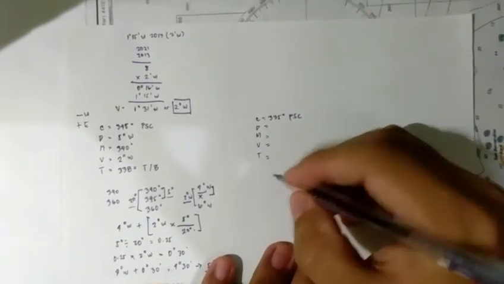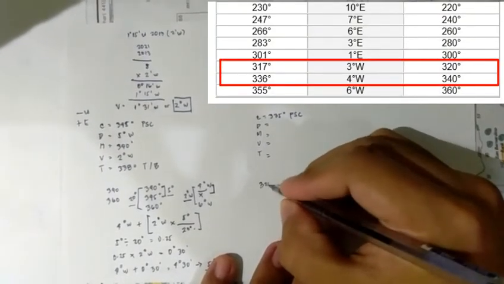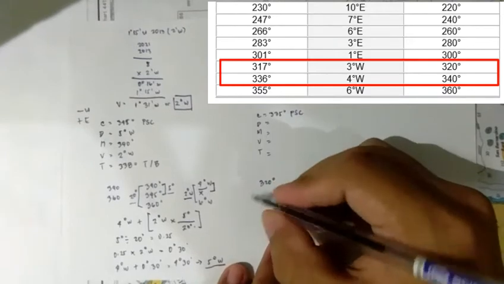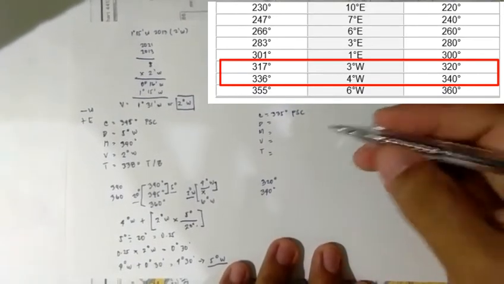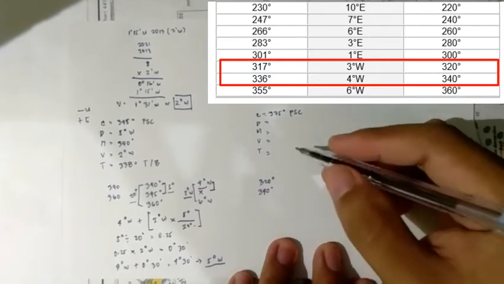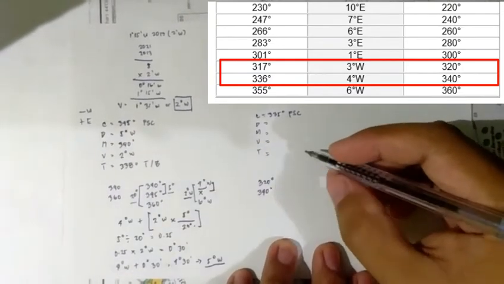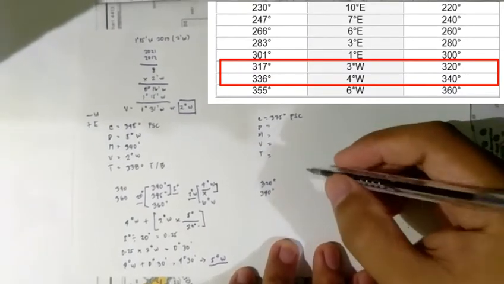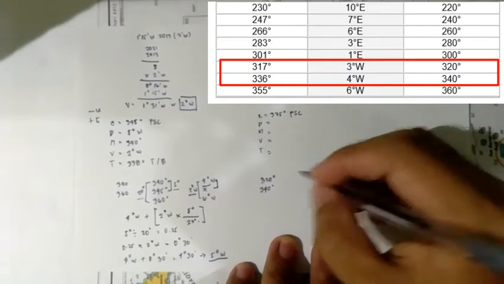Since the 335 is between 320 degrees and 340, we will use these two compass headings to get the deviation for the compass heading of 335.